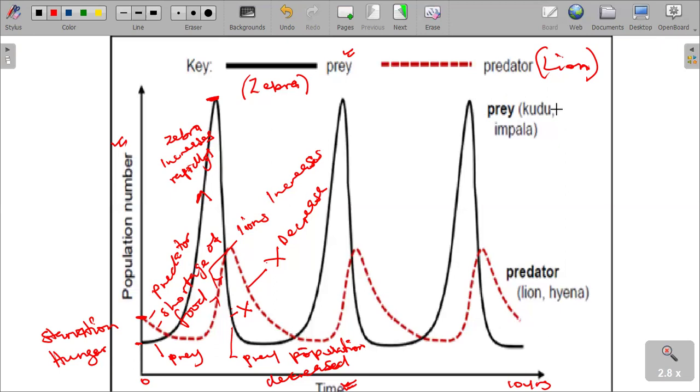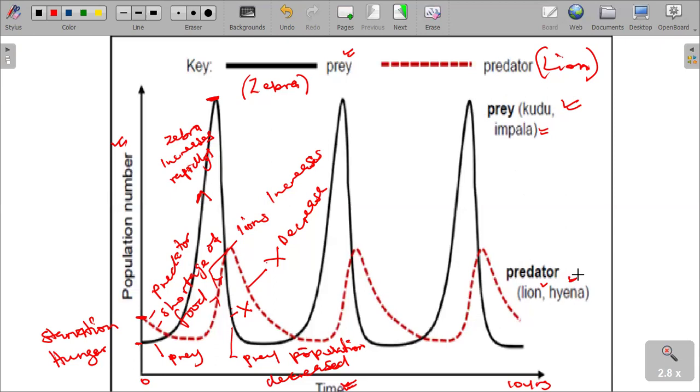So we have got the coot and impala as the prey, which are being eaten by the lion and the hyena.